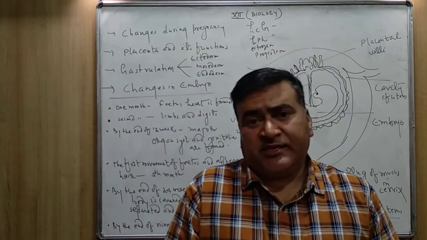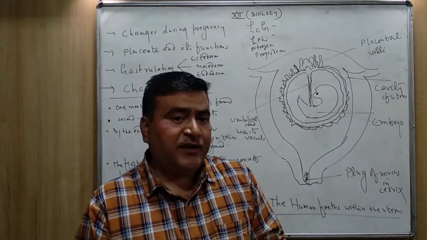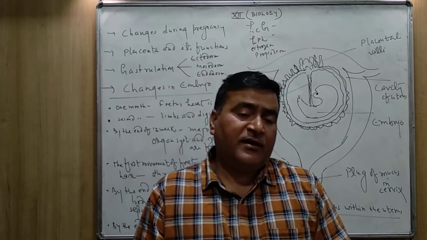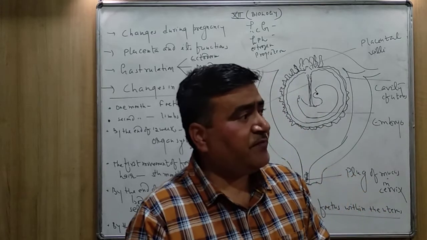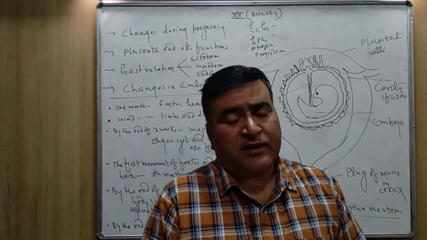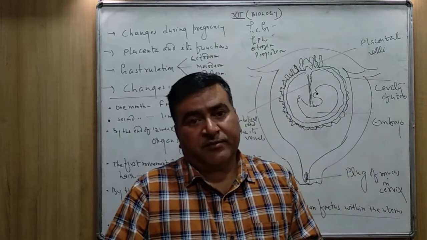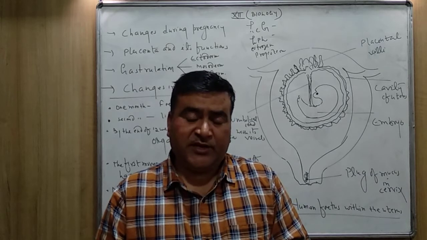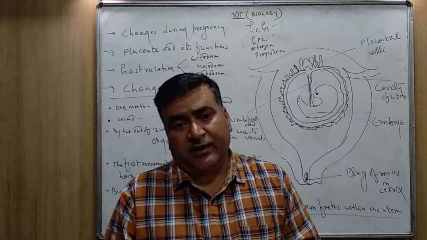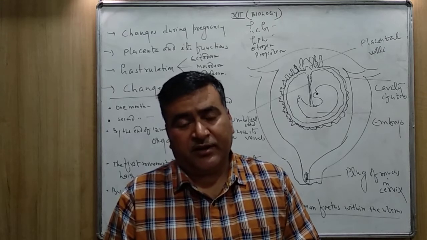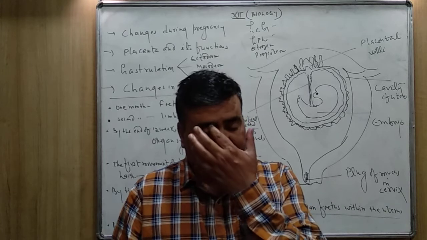Now, as you know, the gestation period. Gestation is the period required for the complete development of the fetus inside the mother's uterus. This is 280 days, that is 9 months and 10 days.